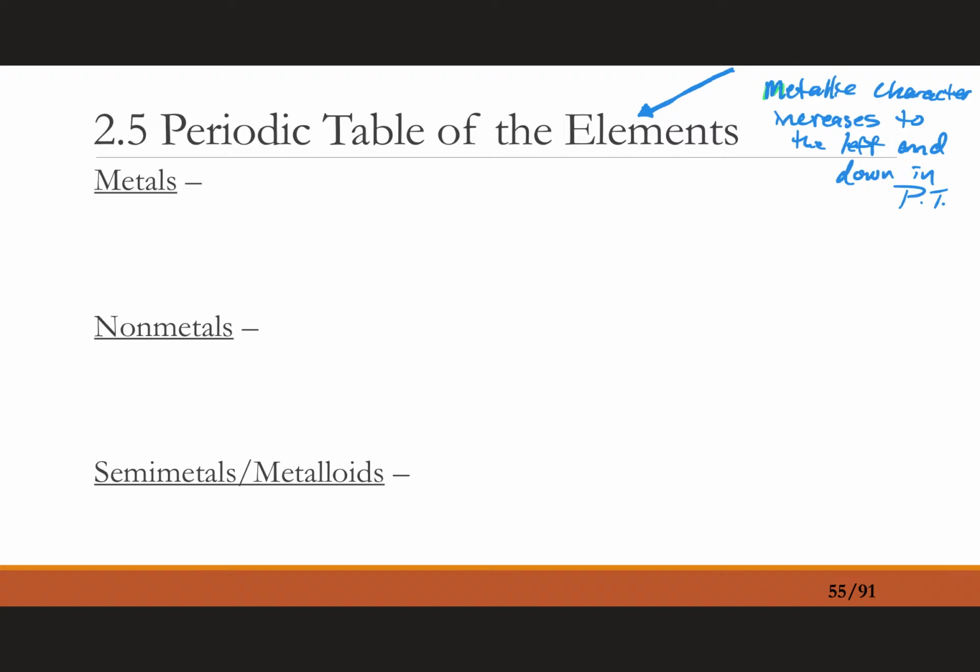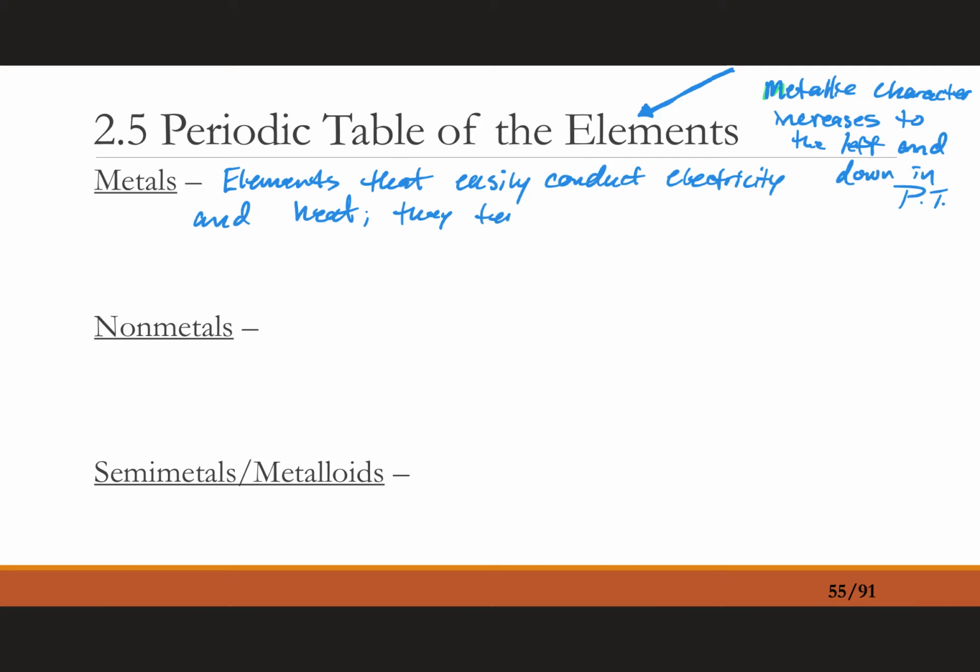All right, so let's define metals. Metals are elements that easily conduct electricity and heat. They tend to be hard materials and lustrous.